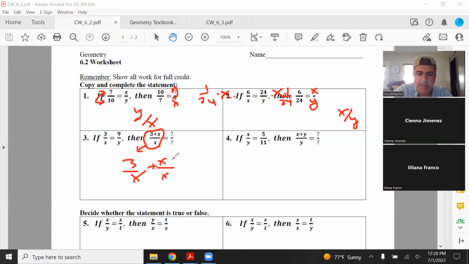Three over x plus x over x, or 3 over x plus 1. So you can break apart the fraction like that. So it's really like adding 1 to this, or adding 1 over here. And if you have 9 over y plus 1, you can think of it as 1 over 1 or y over y. So that'll be 9 plus y over y.